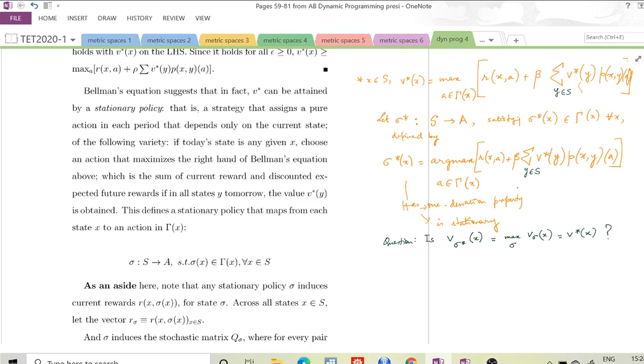And so a strategy or a policy like sigma star, which leaves no room for improvement in a single step, must be optimal, right? So here we will use the stationary structure of this Markovian evolution of states and this decision problem to show that this is indeed true, that sigma star is optimal, right?